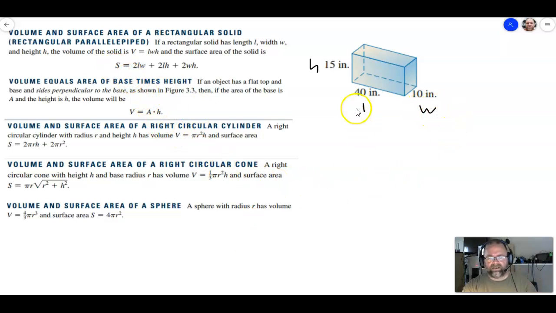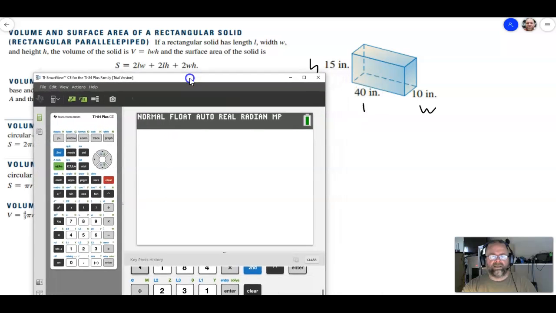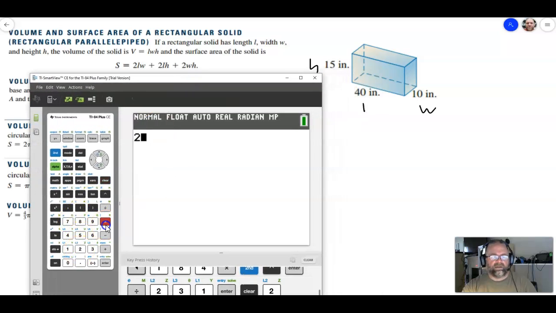And to find the surface area, we are going to use our calculator. Alright, so it's going to be 2 times the length times the width. So 2 times the length, which is 40, times the width, which is 10, plus 2 times the length, which is 40, times the height, which is 15, plus 2 times the width, which is 10, times the height, which is 15.